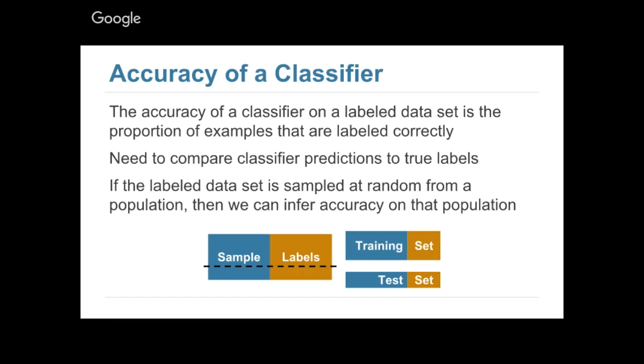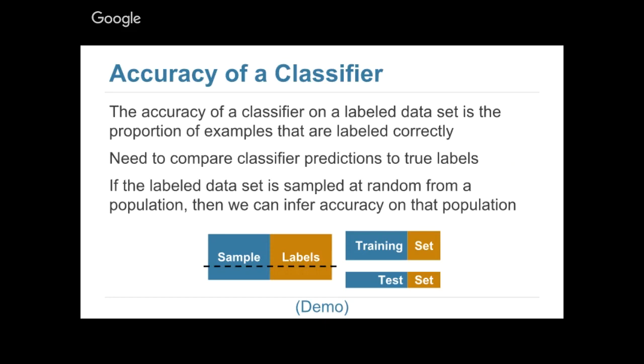Our test set hasn't been touched. And if our sample was created randomly, our test set is also a random sample from a population. So if we find the accuracy for the test set, we can infer the accuracy for the population. We can say, OK, the accuracy on the test set is probably close to what my classifier would have actually got if we could look at the entire population.